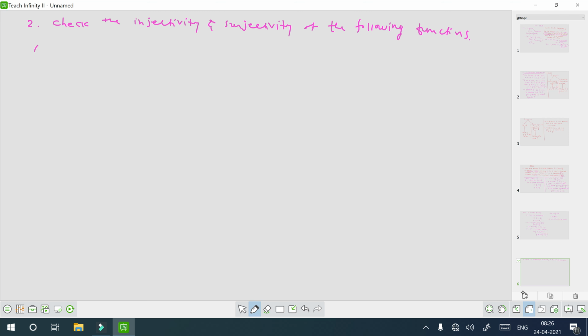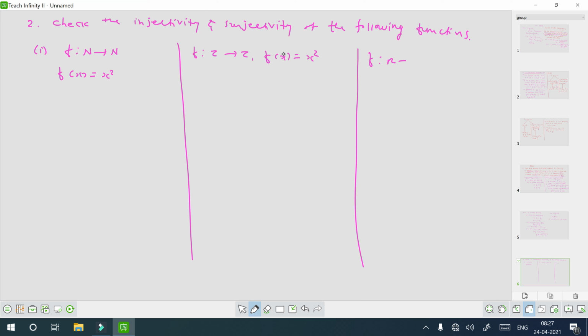First one, f from N to N, f of x is equal to x square. Second one, f from Z to Z, f of x is equal to x square. Clear? Third one, f from R to R, f of x is equal to x square.